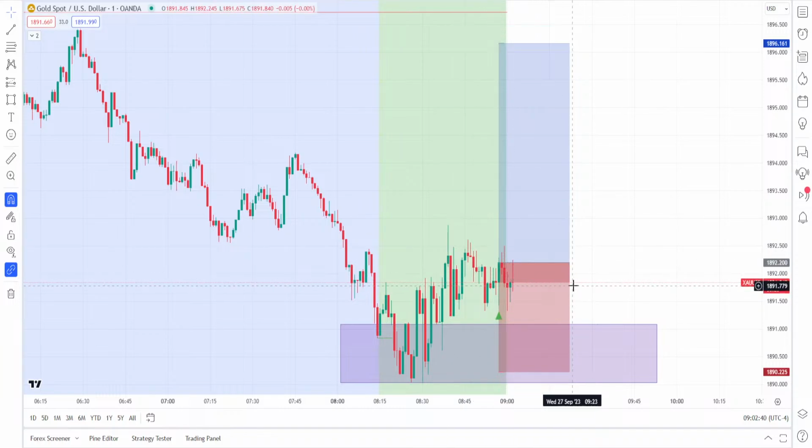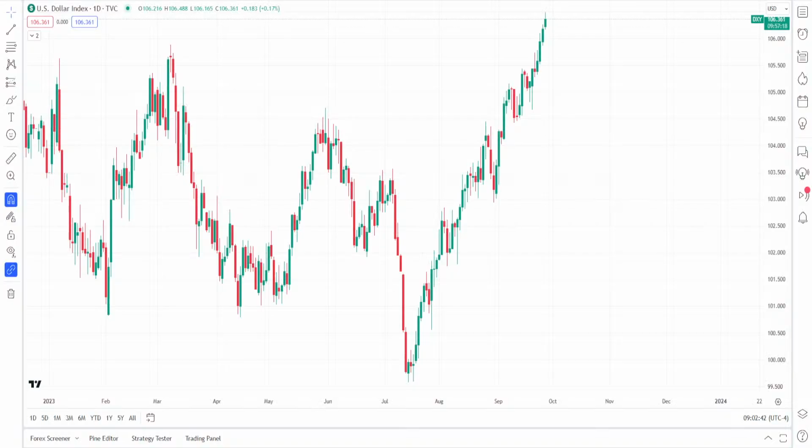If it doesn't close above, I'm not taking that. Okay. Let me also open up these charts here. So this is gold, but I want to, I mean this is DXY, but I want to show you guys. I want you guys to see.